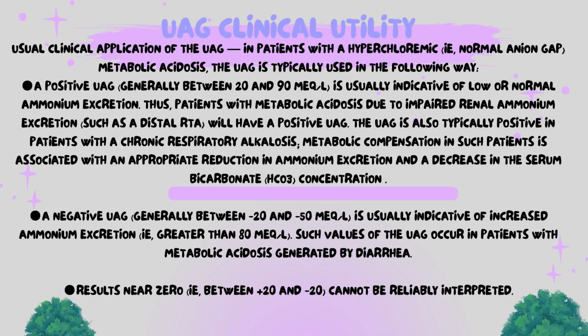That is, it could be minus 30, minus 40 or minus 50, but lesser than minus 20. So more than plus 20 for positive anion gap, less than minus 20 for a negative anion gap. Results between plus 20 and minus 20 cannot be reliably interpreted. This is taken from UpToDate.